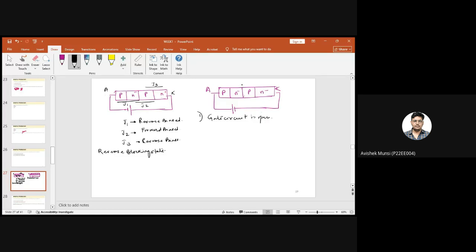Gate circuit means there is a gate pulse from here, and the gate pulse is open. When the gate is open, J1 is forward bias, J2 is reverse bias, and J3, since the gate is open, is in a short circuit case. This is called the forward blocking state.